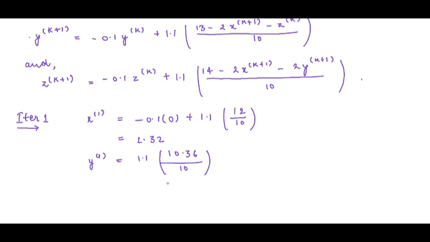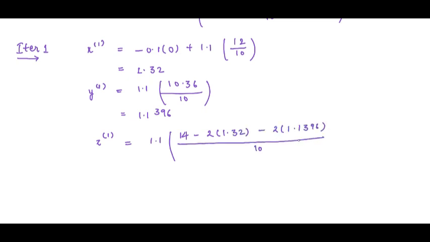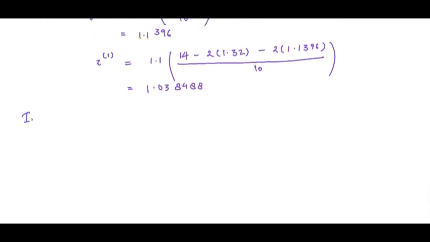And again, using the new x1, we get y1 as 1.1 times 13 minus twice of 1.32 whole divided by 10, and hence got 1.1396, and hence z1 value as 1.1 times 14 minus twice of 1.32 minus twice of 1.1396 whole divided by 10, and hence get 1.038488.